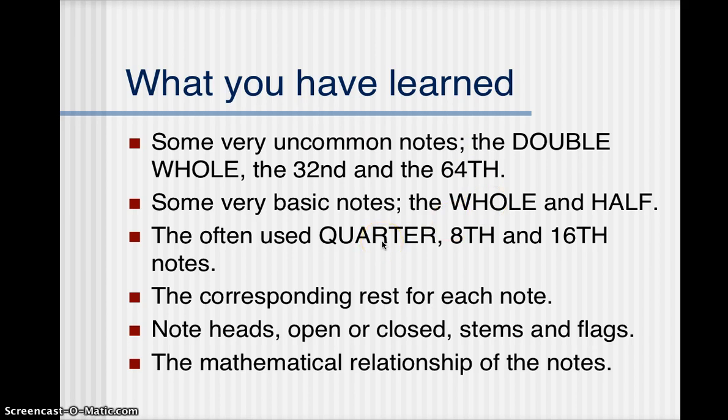The so often used quarters, eighths, and 16th notes. We've learned the rests for them. We've talked about the parts of the notes, the note heads, whether they're opened or closed, not colored in or colored in, the stems, and the flags. We've talked about the mathematical relationship, just being able to multiply or divide by 2 to figure out our music notes.